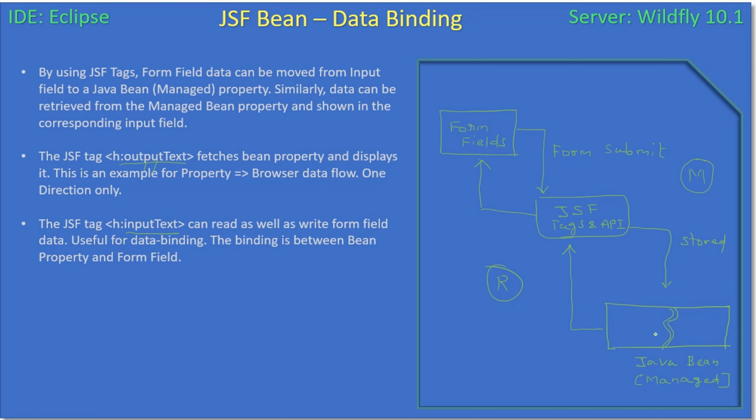Then during the rendering phase, it can even retrieve from the same data source, here a managed JavaBean. From there it can retrieve and push that to the form field.